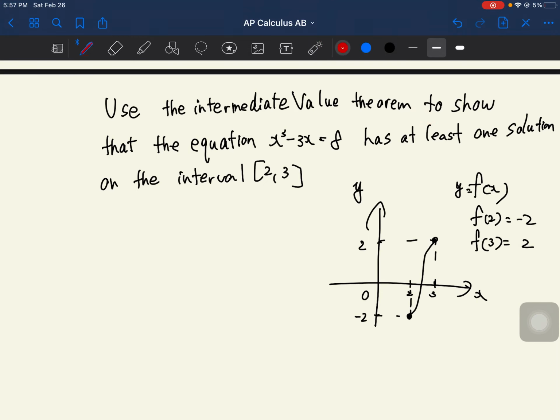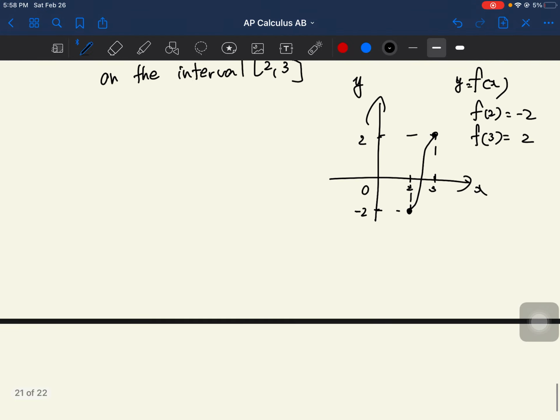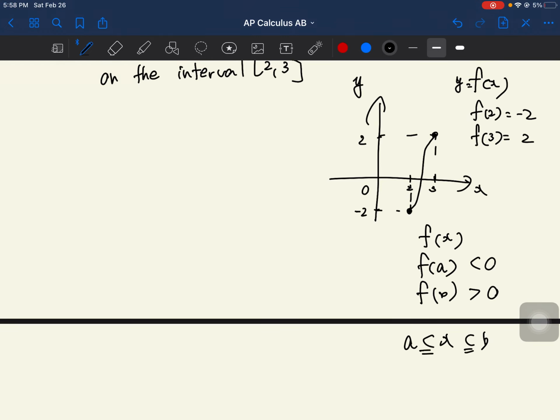So the intermediate value theorem is, for example, let's say you have the function f of x, and if f of a is smaller than 0 and f of b is bigger than 0, then you can find a solution between a and b because of this.